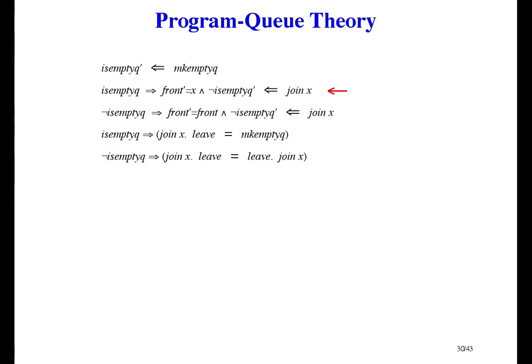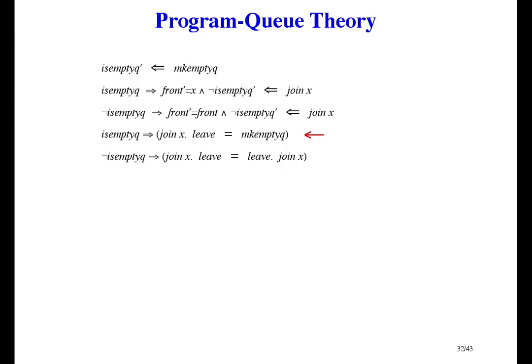If we join X onto the Q and it was an empty Q, then front is X and IsEmptyQ is false. If we join X onto a Q and it was not empty, then front doesn't change and the Q is still non-empty.